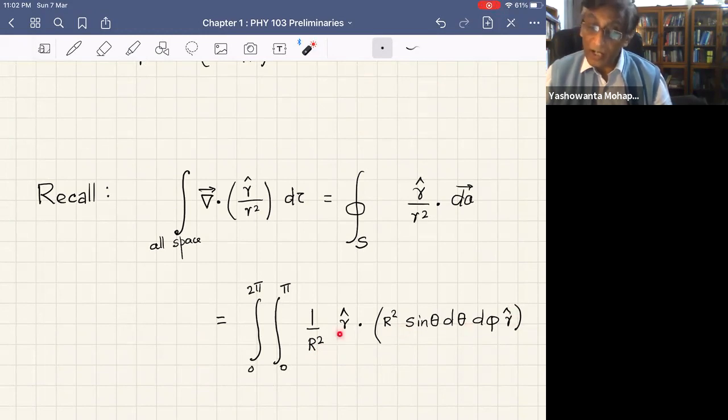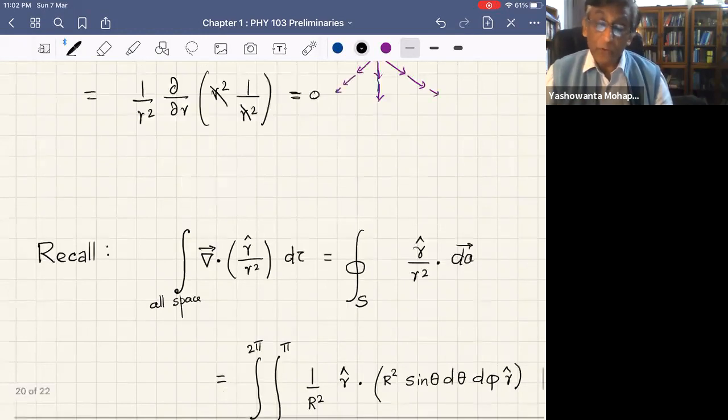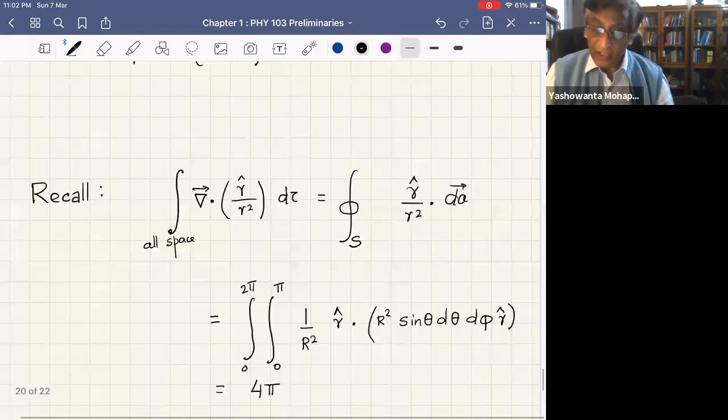So r hat dot r hat is of course 1, and 0 to 2 pi, 0 to pi of sine theta will give you 4 pi. So if this were indeed 0, then the integral over all space should have been 0. But if I include the origin and integrate over the sphere S, then it is 4 pi.